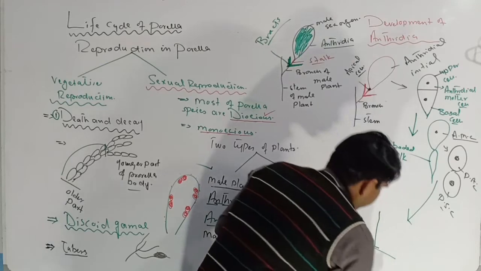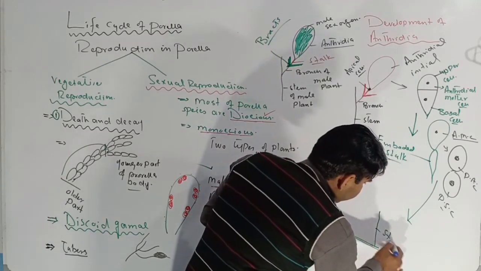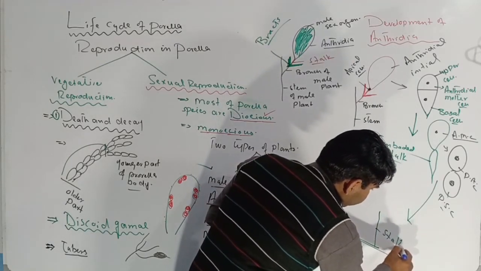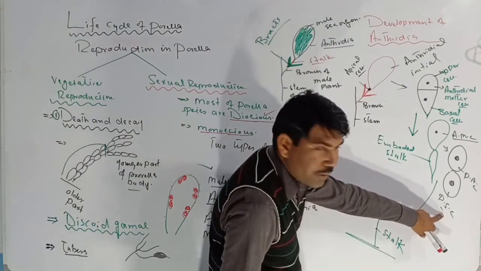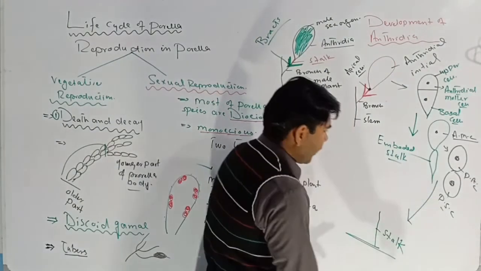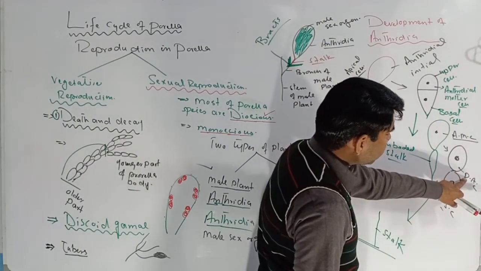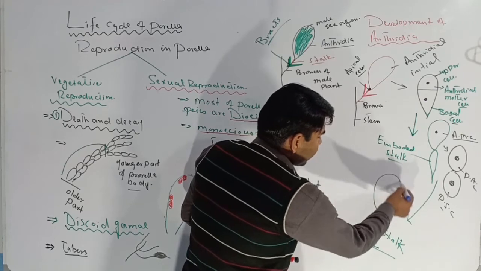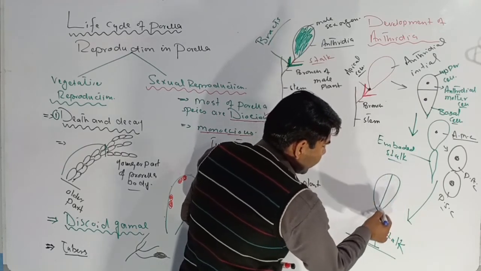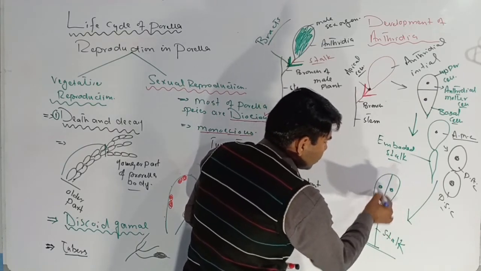For example, this is a body and this is a stalk, and this stalk is produced by this primary stalk cell. And this is a primary antheridial cell, which will again divide vertically and produce two cells.